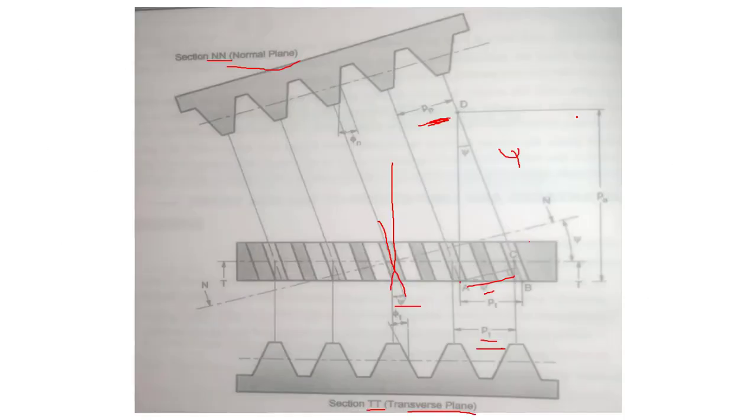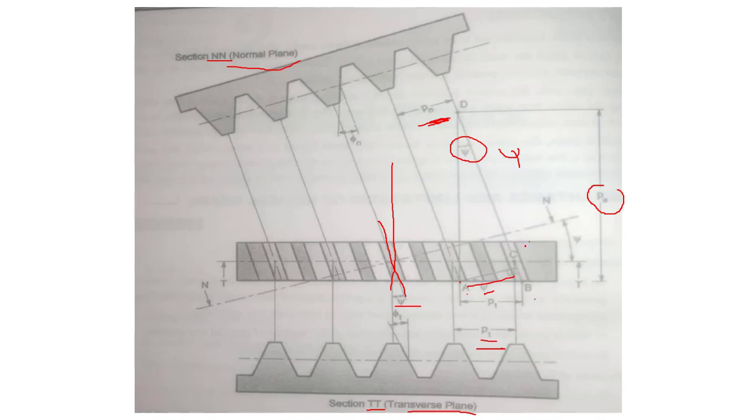So going to the figure, here we already plotted two points A and B, and the third point is D, which is at a distance of axial pitch PA. So we will consider this triangle A, D and B, in which this angle is psi and this is the right angle.